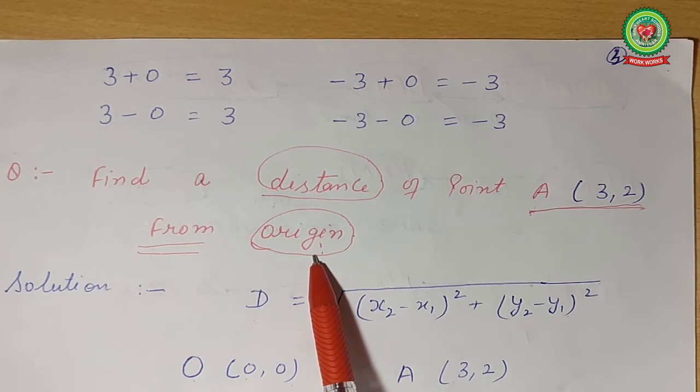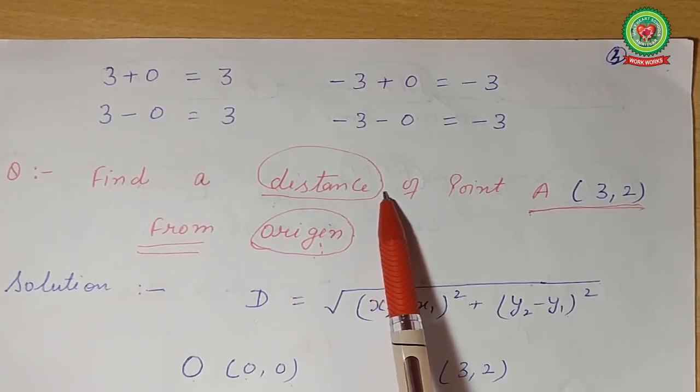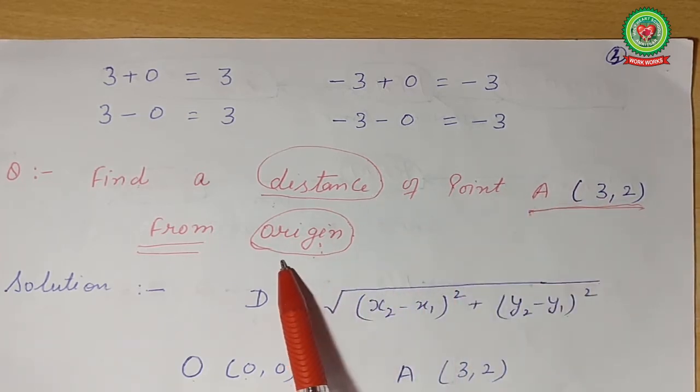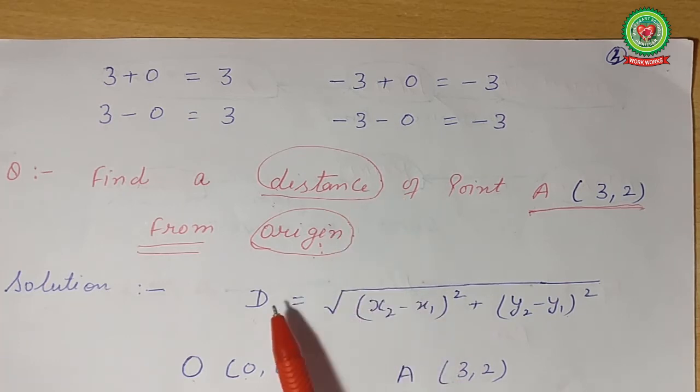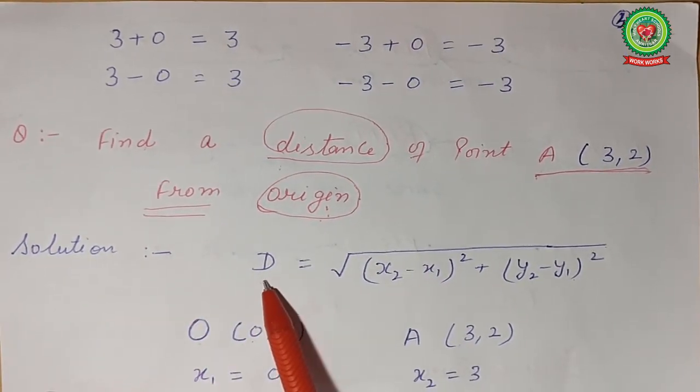Origin also indicates the point 0, 0. Again the word distance is there. Yesterday we saw that whenever the word distance is there, we have to apply the distance formula. So first of all, in the solution, we will apply the distance formula.